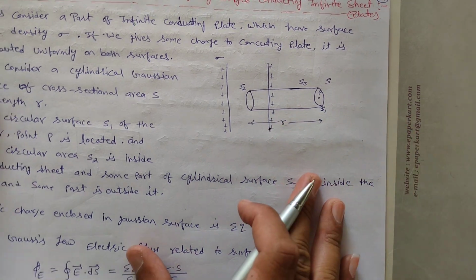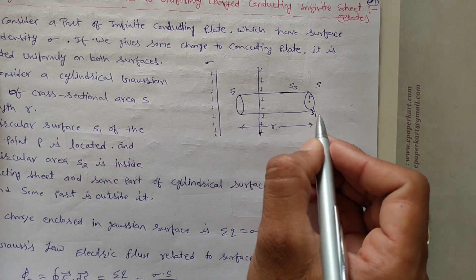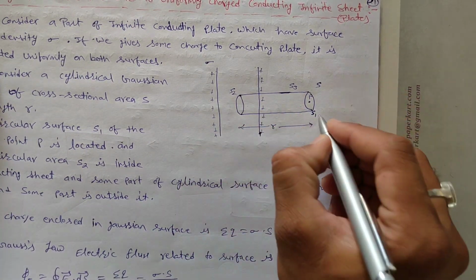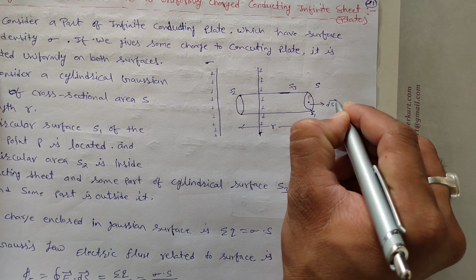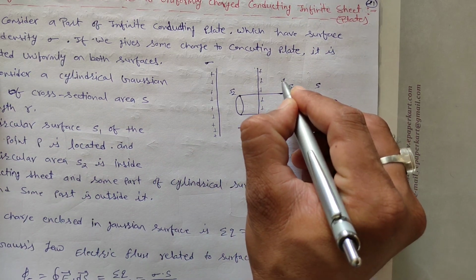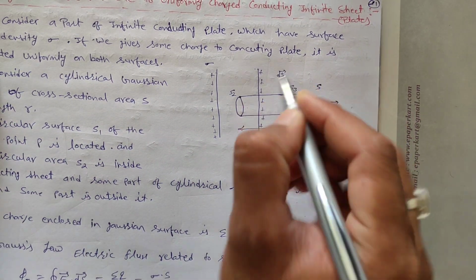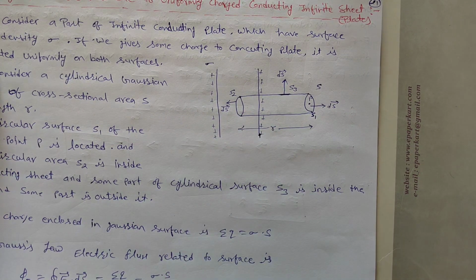Okay, now the direction of the area vector for these parts. For S1, the direction of the area vector is perpendicular to this surface, and for this, perpendicular to this surface.